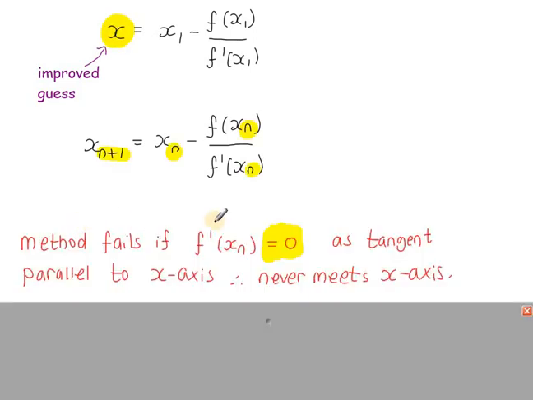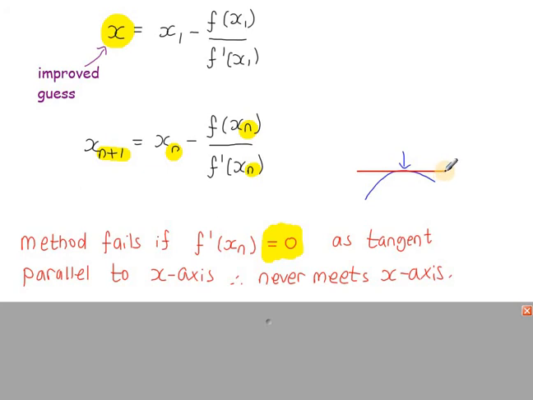The method fails if the gradient f dash x is equal to 0 at any point. So let's imagine that this is part of a curve, and right here you draw a tangent to the curve, and you'll see that the tangent is horizontal because it's drawn to a stationary point where the gradient is 0, and this horizontal tangent will never meet the x-axis.